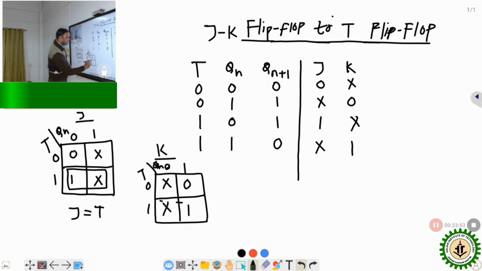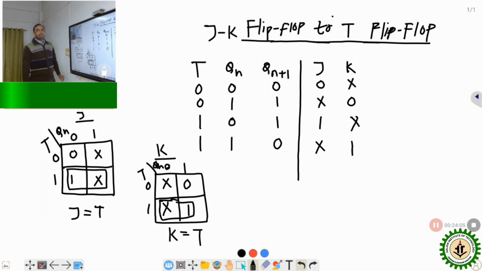So here also this pairing, and K will be T. That means both J and K value will be T. So what will be the final circuit?